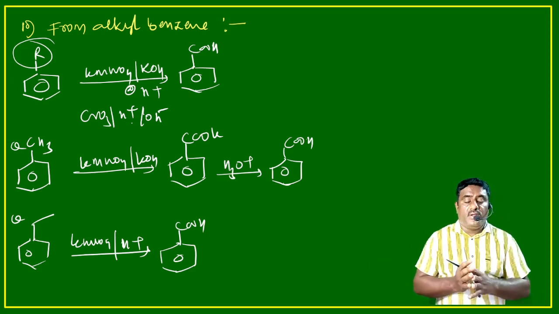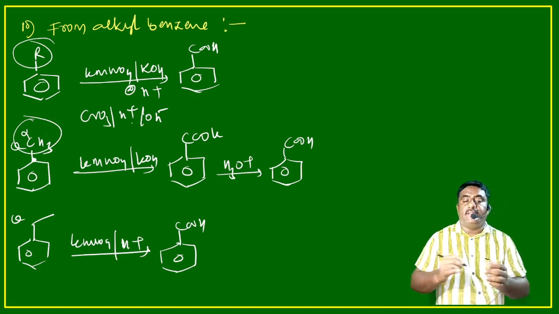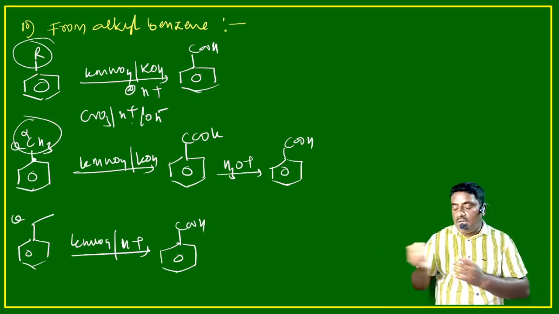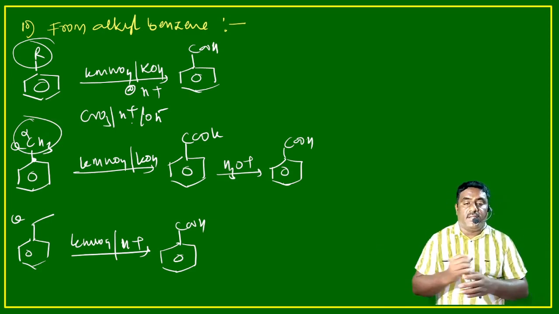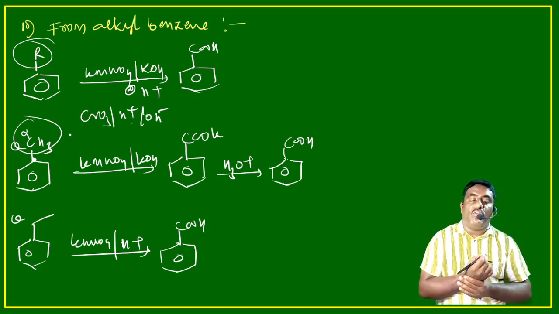In this condition, the carbon must have at least one alpha hydrogen. So this is an alpha carbon with alpha hydrogen. The entire chain is converted into carboxylic acid irrespective of the group.